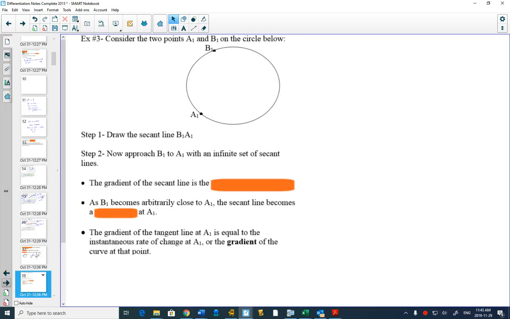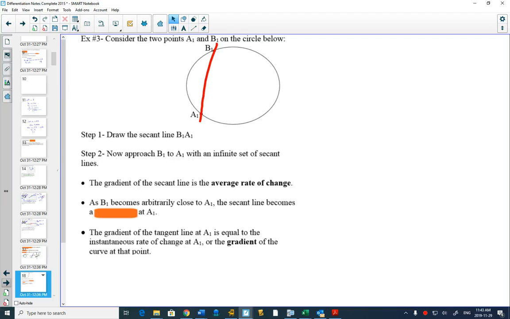So this is the idea that I was just talking about. If you drew a secant line, I'll see if I can find an applet on the internet for this. But if you drew a secant line through those, you could find the slope of those. That is an average rate of change.